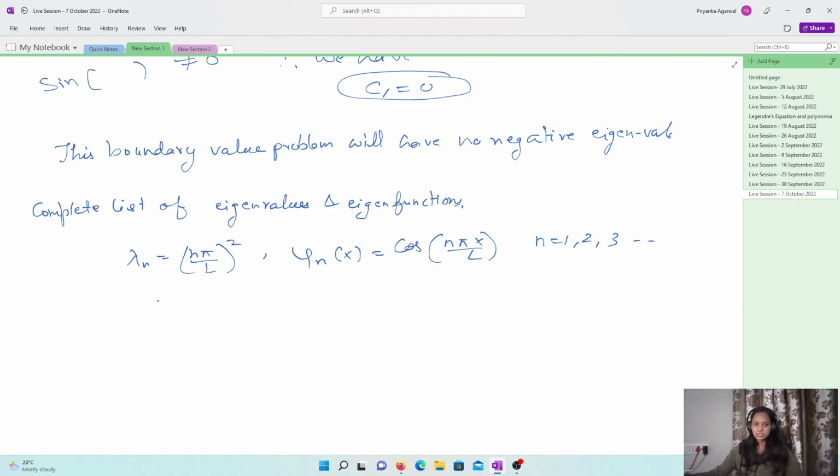And the other is lambda 0 equals 0. Okay.